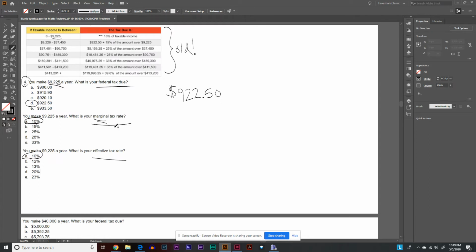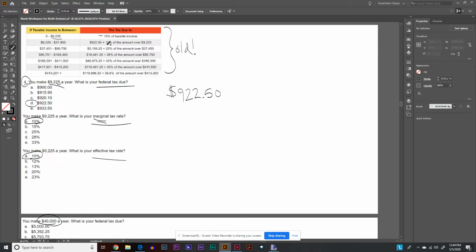Okay, here's where things get a little bit more complicated. I want to slow down just a little bit. Let's go ahead and start answering this question down here, but I'm going to keep this table with me. Once we have passed $9,225 a year in terms of our salary, how much we make every year, then you notice something peculiar about this chart.